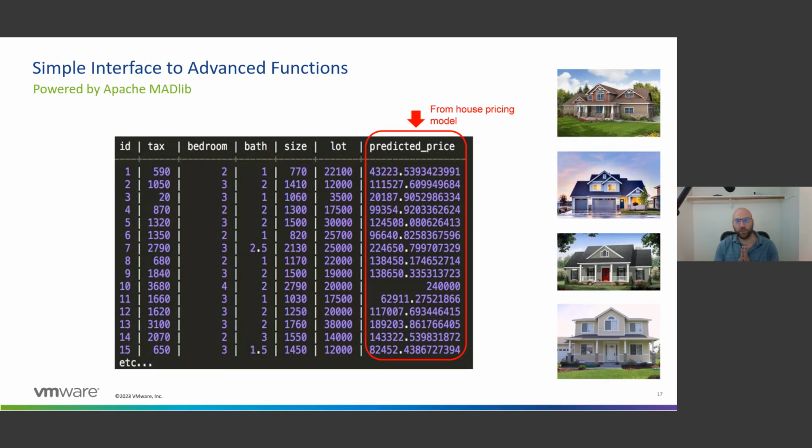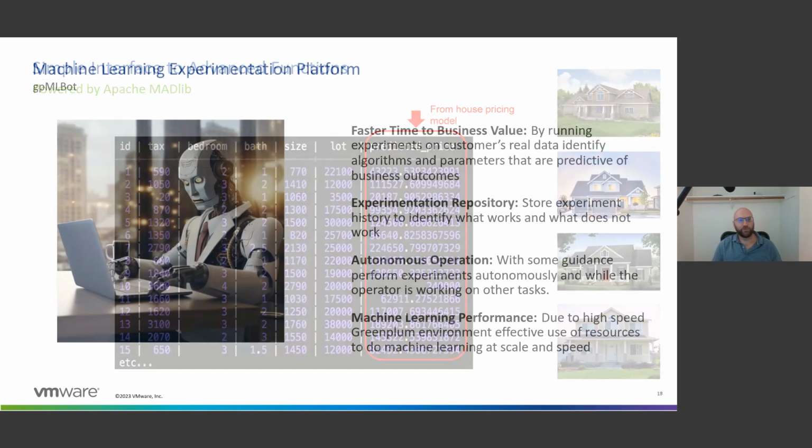So you can see here, we did a simple prediction algorithm to predict the price of houses. And you could be running this in our platform, but you could be predicting machine failure, predicting fraud, it's really predictive analytics is what this enables.